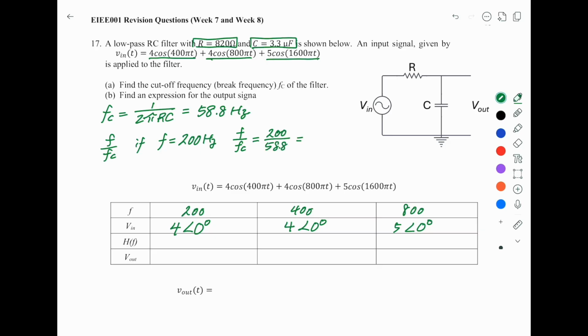So if you plug this into your calculator, you will get 3.4 roughly.